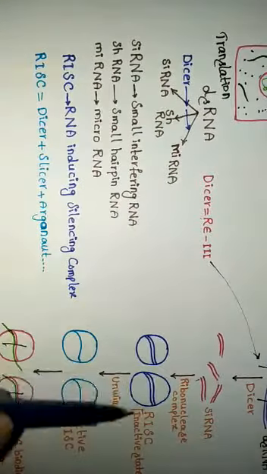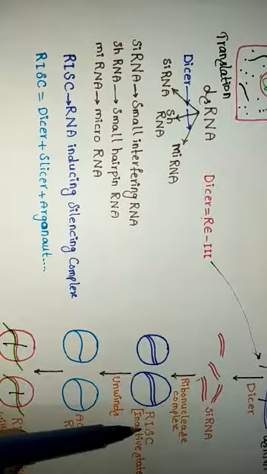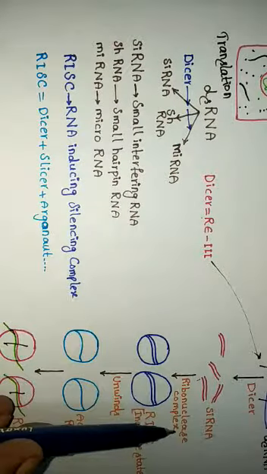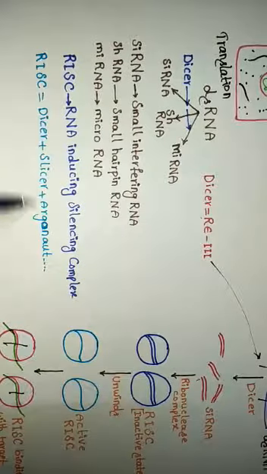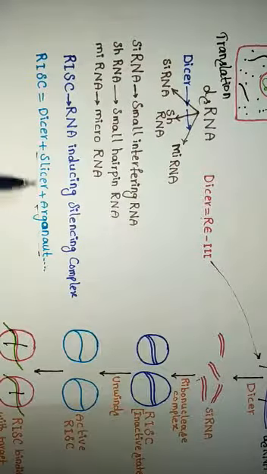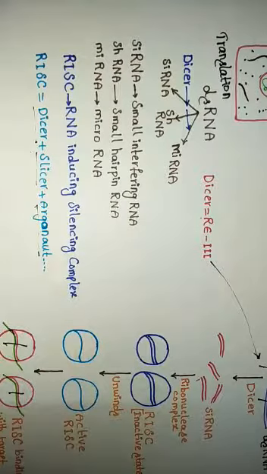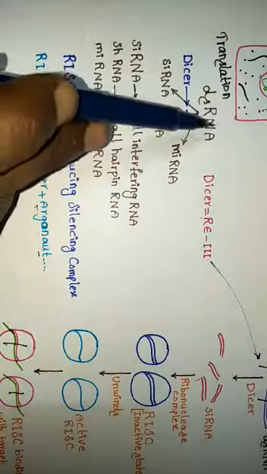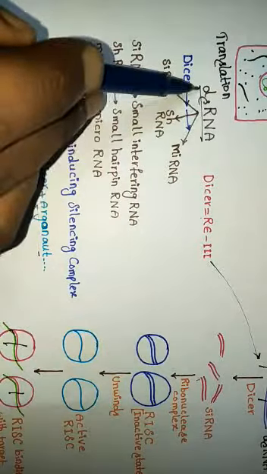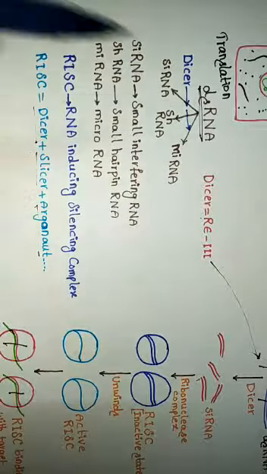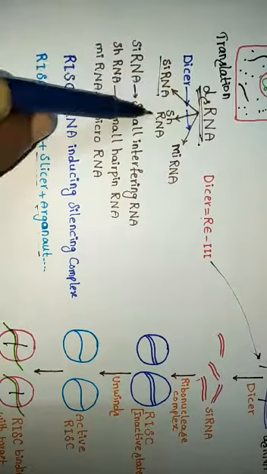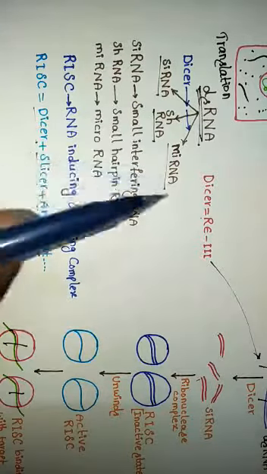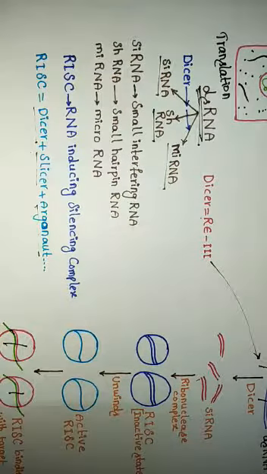The RISC is a ribonuclease complex. The components present in the RISC are the dicer, the slicer and argonaute. These are the three. The double-stranded RNA produced by the host cell is capable of producing three types of RNA, siRNA, shRNA and miRNA, with the help of dicer reactions.